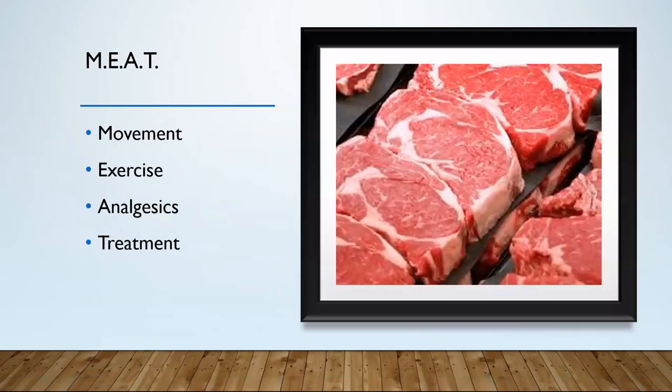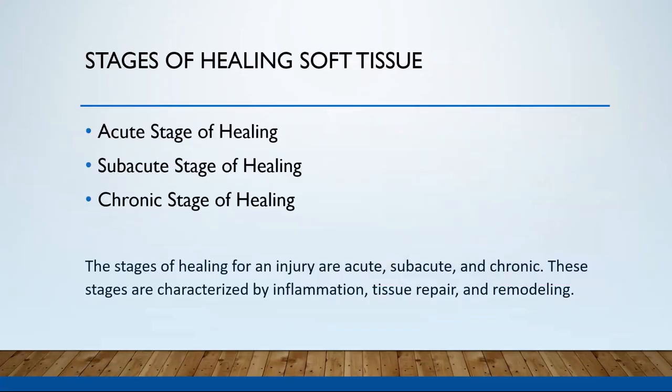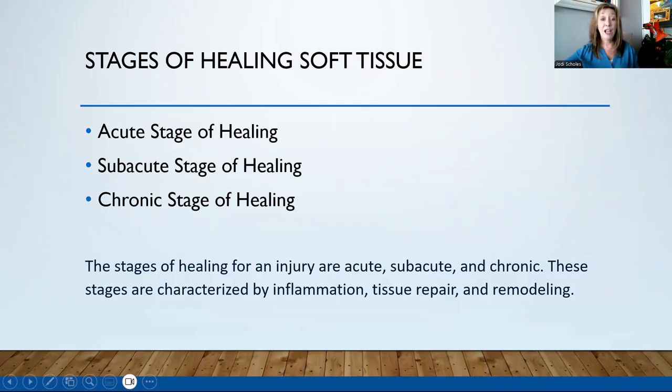All right, so MEAT, just so you've been exposed to it, movement, exercise, analgesics, and appropriate treatment. We say all that to give you the stages of healing. The stages of healing are acute, subacute, and chronic. All right. Acute and chronic mean basically what you think they mean.